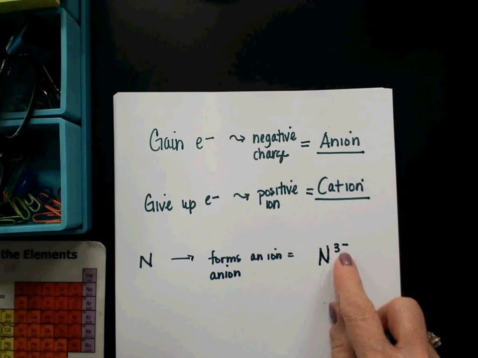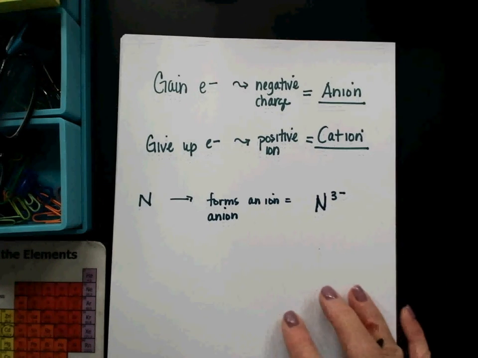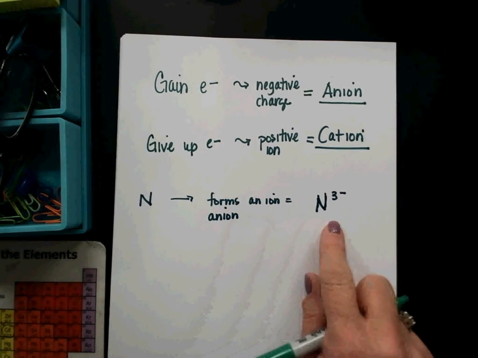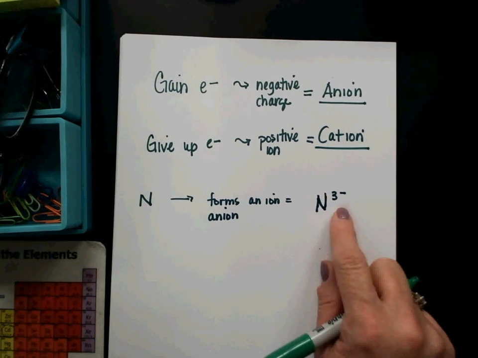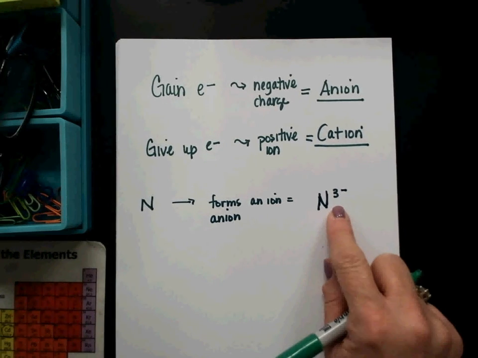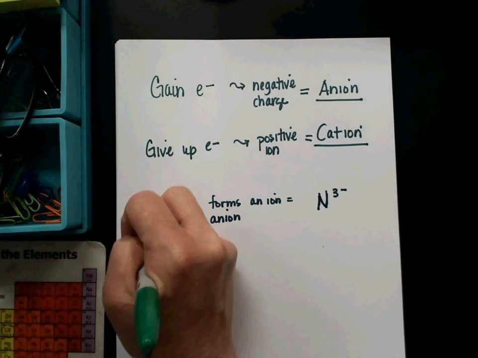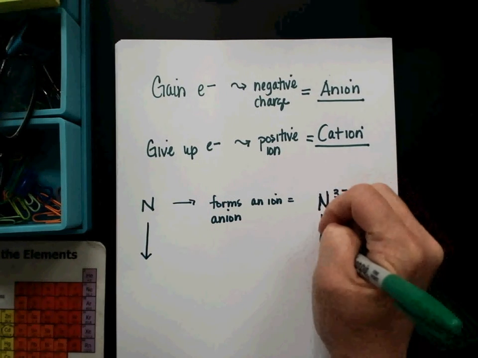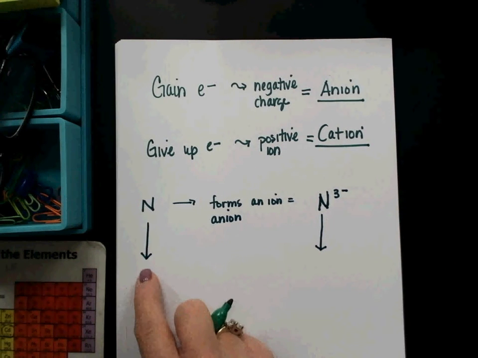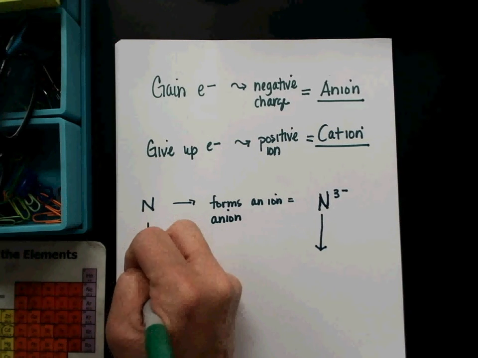And it will equal N3 minus. That's the way I write it. Notice how I put the sign after the number? That's the correct way to write it. N3 minus. So when I look at that, I know it has a negative charge of 3, which tells me it gained 3 electrons. So the next thing I would think about is, and I should know, how many electrons does regular old nitrogen have?